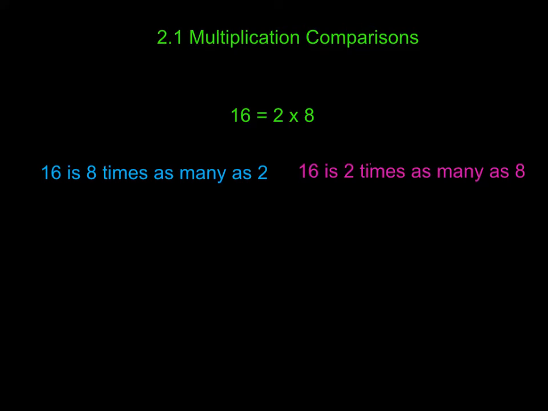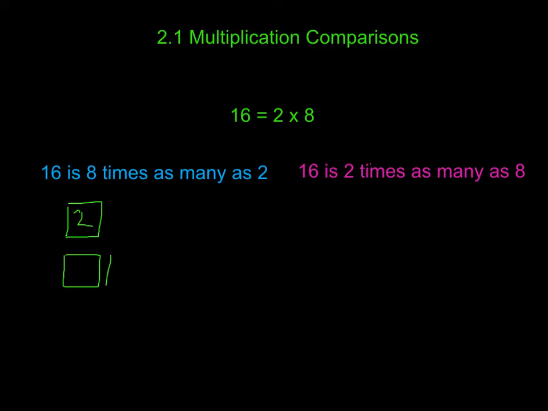And just to kind of show this, I'm going to go ahead and draw a model. So, our model here, we're going to draw a box right here, and in that box I am going to label it with a 2 because we have as many as 2, so we're looking here at 2's, and then we have 8 times as many as 2, so we're going to draw a box here, and we're going to draw 8 boxes.